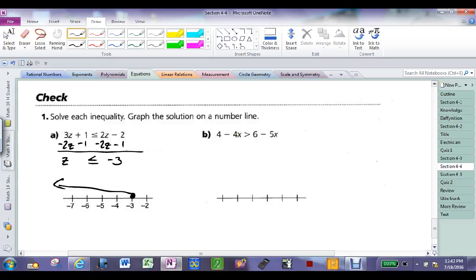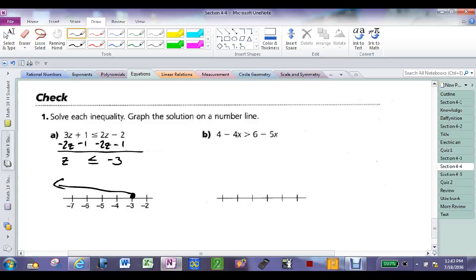What about this one? What moves? Negative 5 has to move. 5x. The bigger or the smaller number? Smaller.